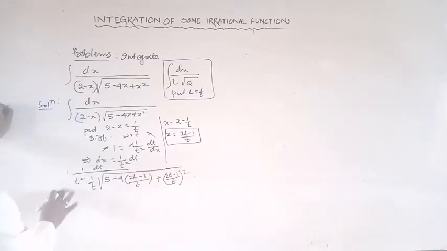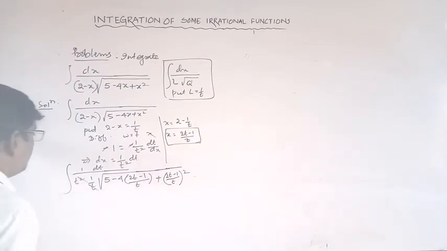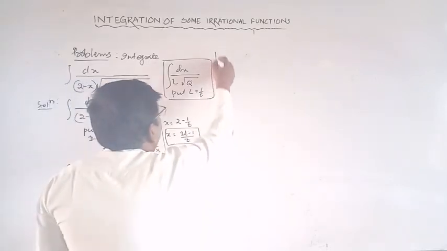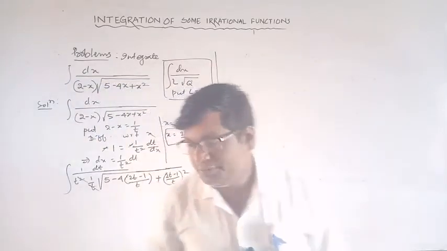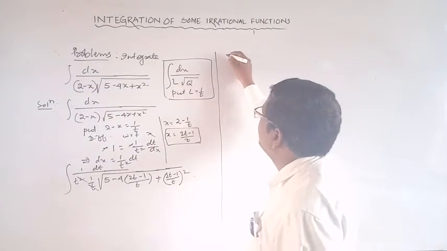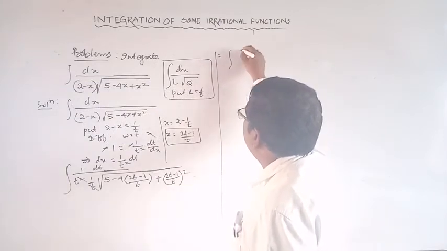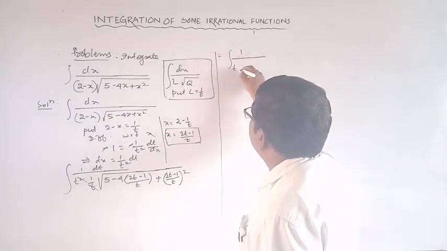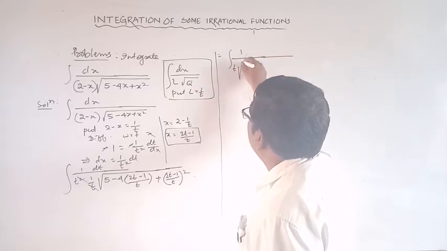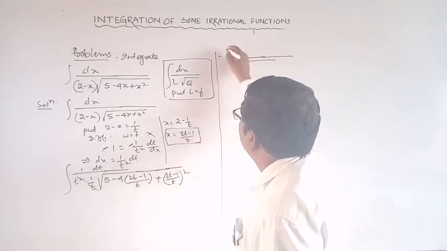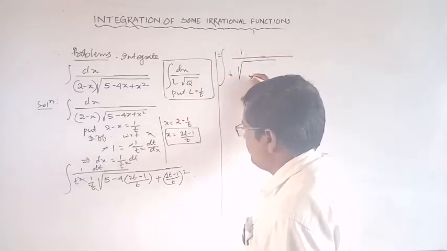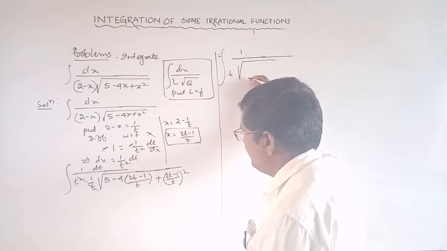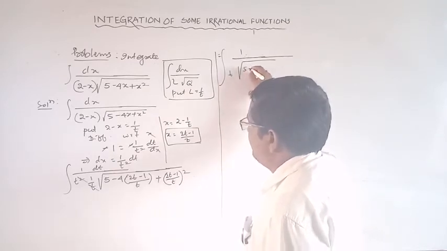This is integration 1 dx. So t here cancels, 1 by t cancels. So t into integration 1 by t into root over, what is here? 5 minus what is the LCM here?